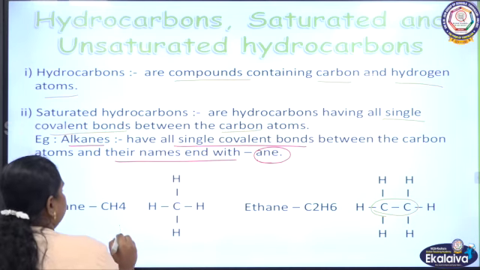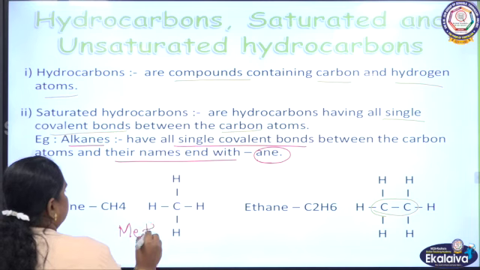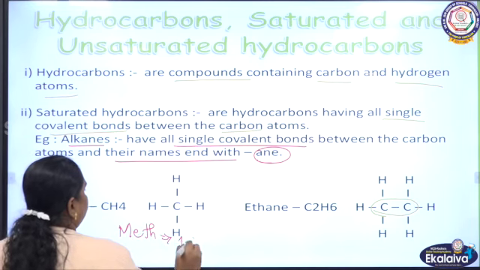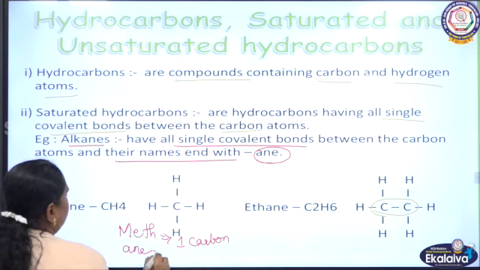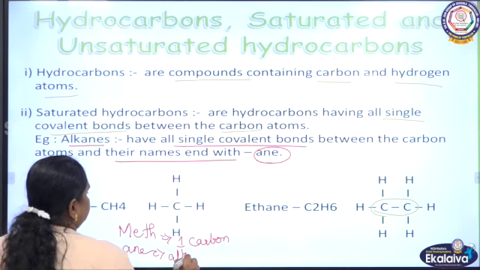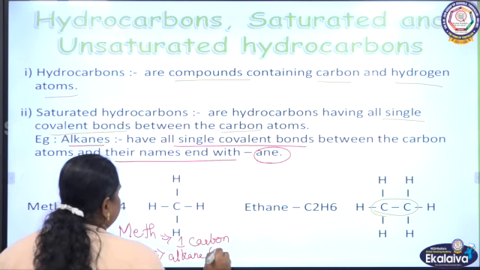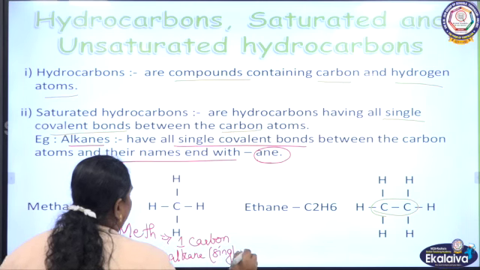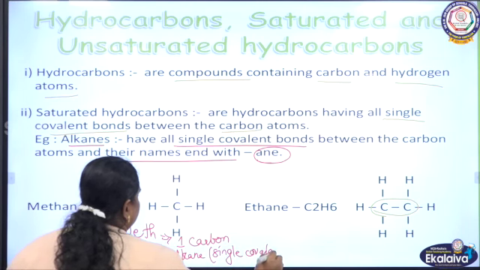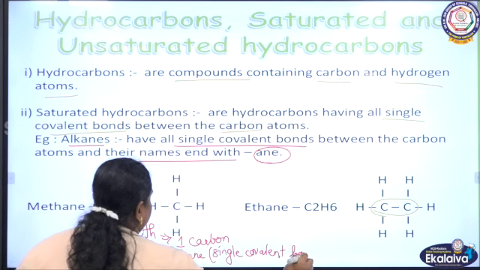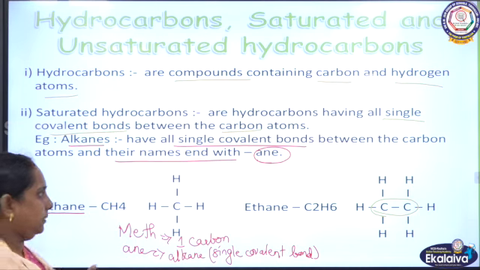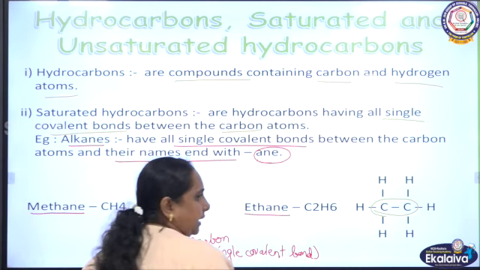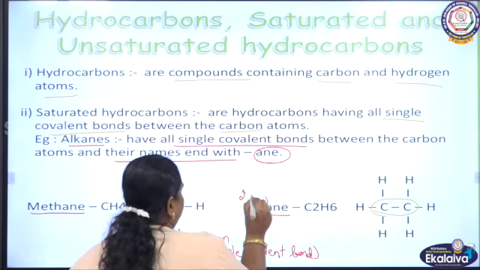So methane, for example, meth meant for one carbon atom, and ANE is belonging to alkane, that is it contains single covalent bond. So the name can be written as methane. Meth for one carbon atom, and then the second member is ethane. Eth for 2 carbon atom, ANE for single covalent bond.